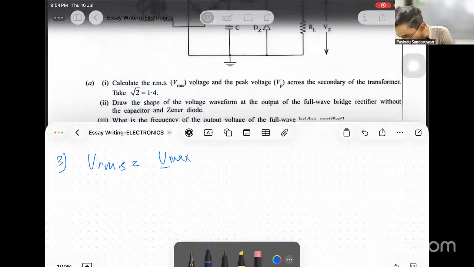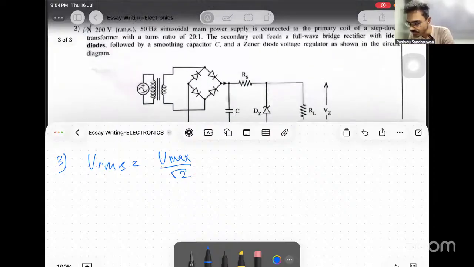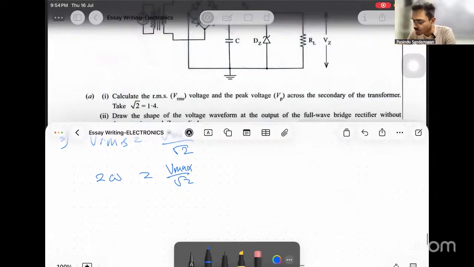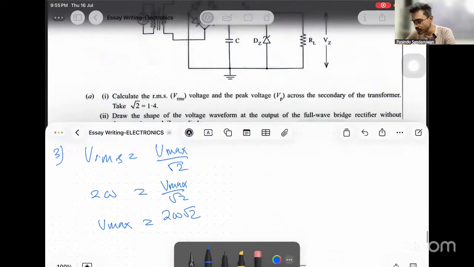VRMS given here is 200, so 200 equals Vmax over root 2. Now Vmax of the first coil is 200 root 2.